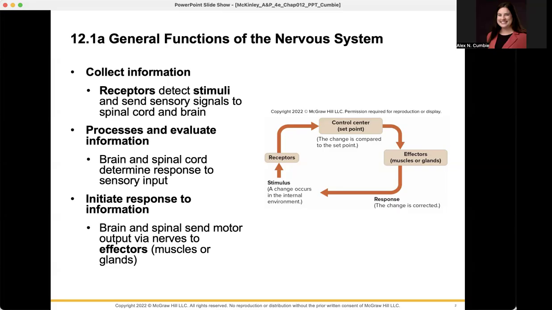I can give an example of this, and we'll have many examples as we go through here. So say your hand touches a hot stove. The stimulus is the heat from the stove, and the receptors are in my hand. They could be temperature receptors, which are called thermoreceptors, or they could be pain receptors, like nociceptors. I feel pain or heat.